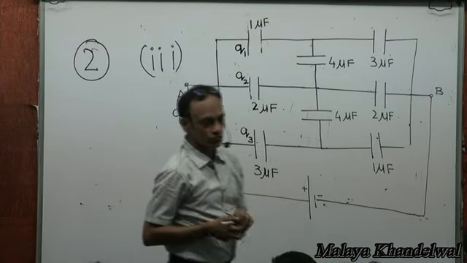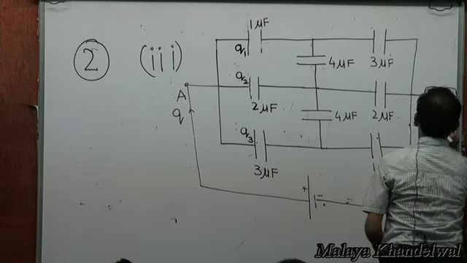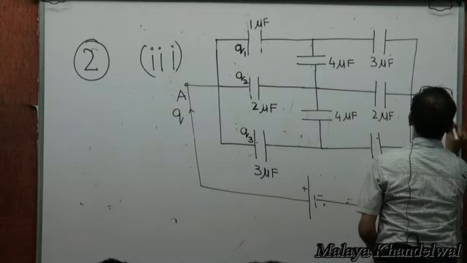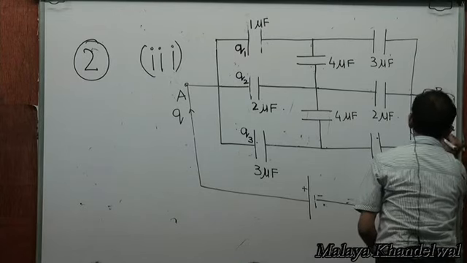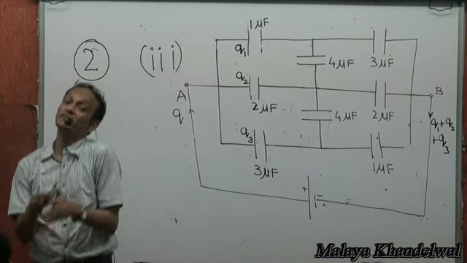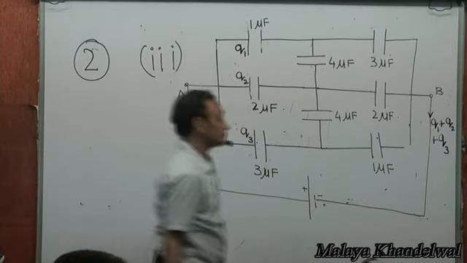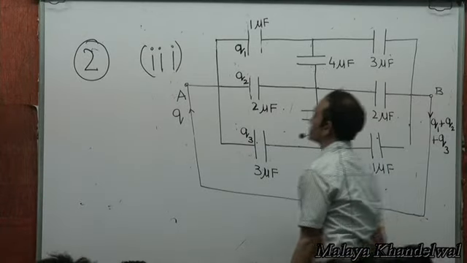Yes or no? That means from B, I have sourced Q1 plus Q2 plus Q3. Must have flowed through the battery. So the equivalent capacitance is going to be what? Q1 plus Q2 plus Q3 divided by V. Right? V computed in any legitimate manner that I want.